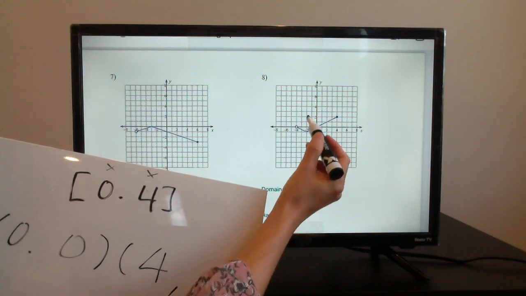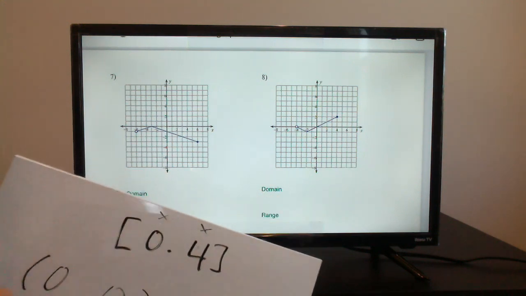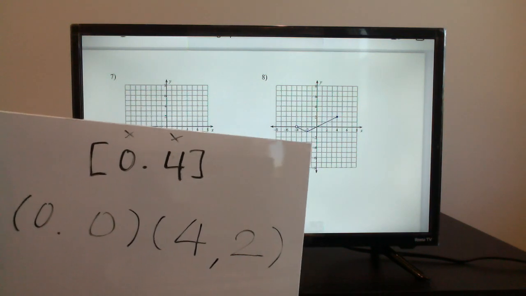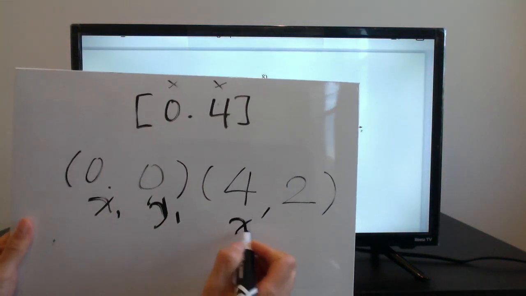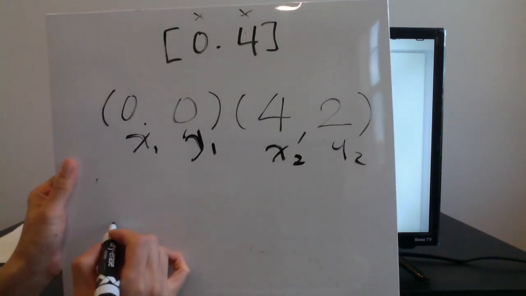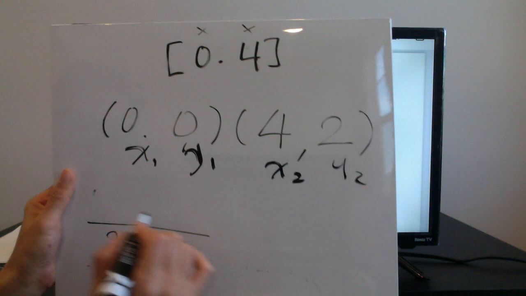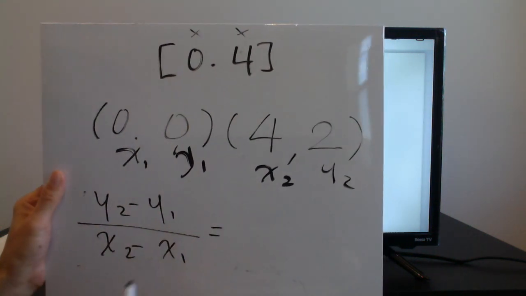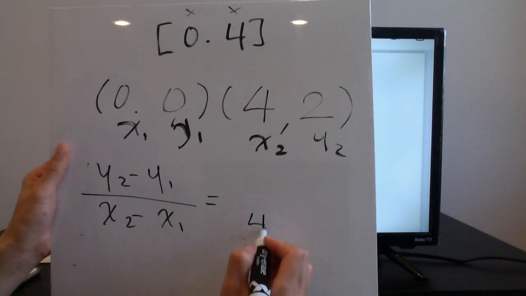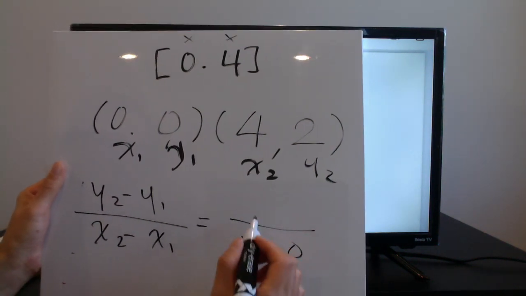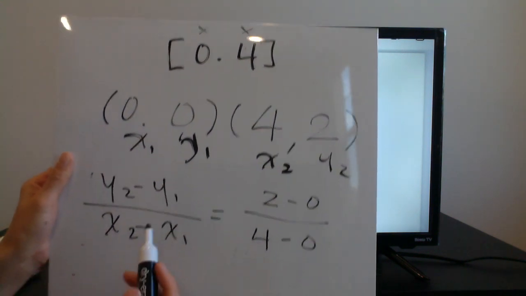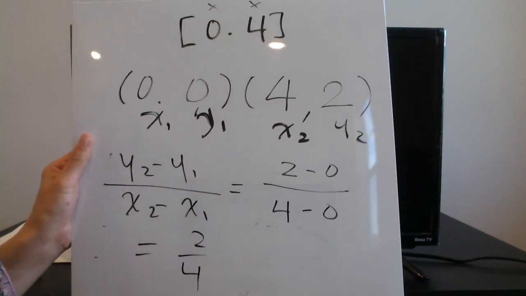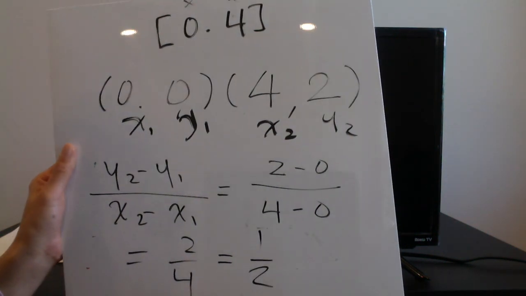When x is 4, y is 2. So here x1, y1, x2, y2 will do. Then what do we have? 4 minus 0, 2 minus 0. I'm doing this on the bottom, right? So that's the answer. Okay.